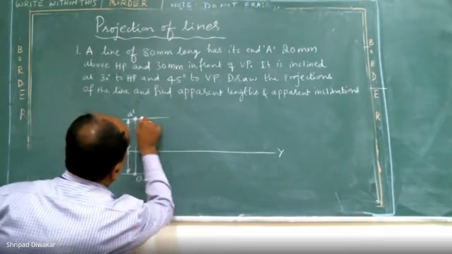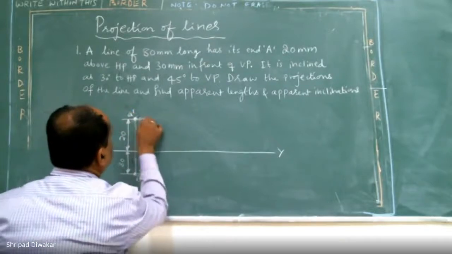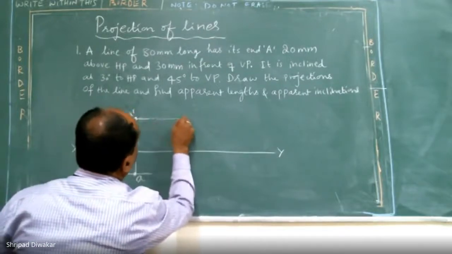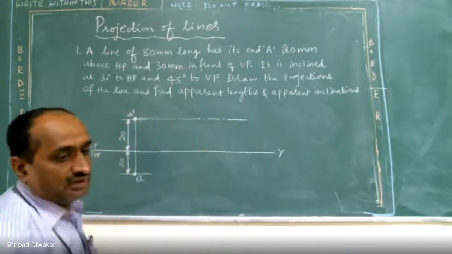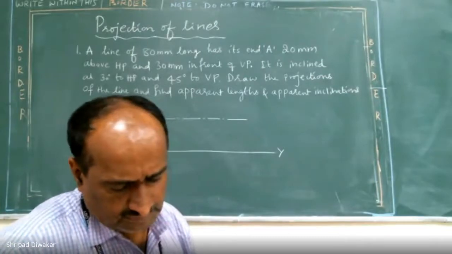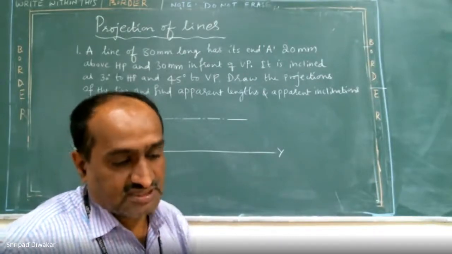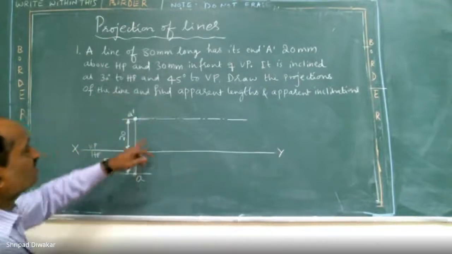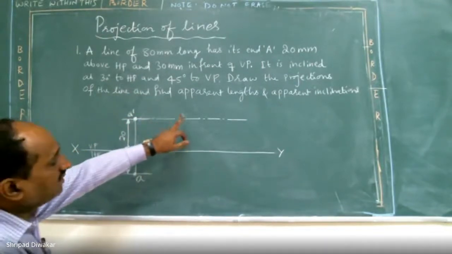Next step, what you can do? So draw one. This is called locus line. You remember? You have to represent like this. Locus line means it is not continuous line. So you have to first draw a bigger line and then small line, then big line, small line.